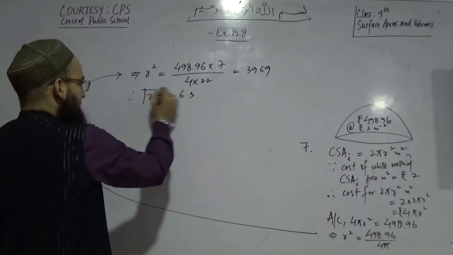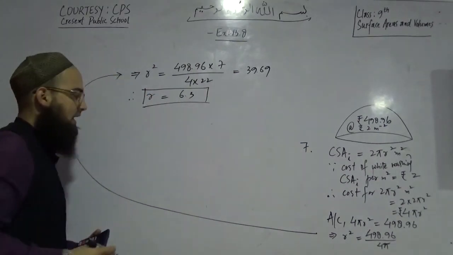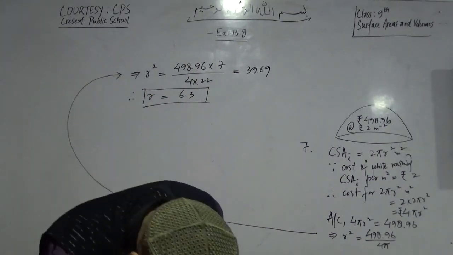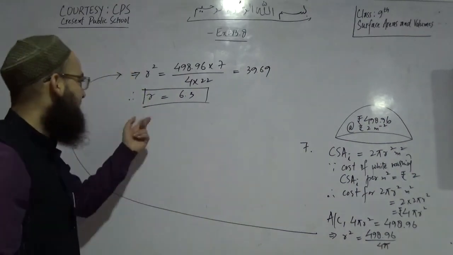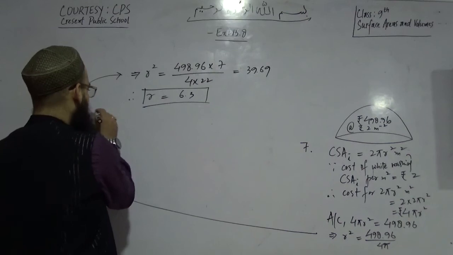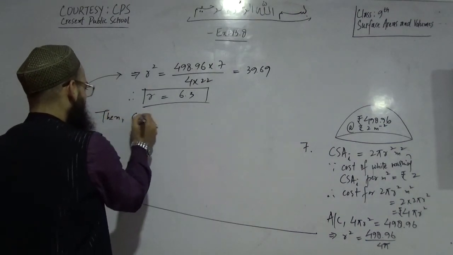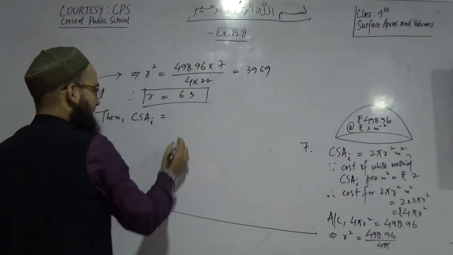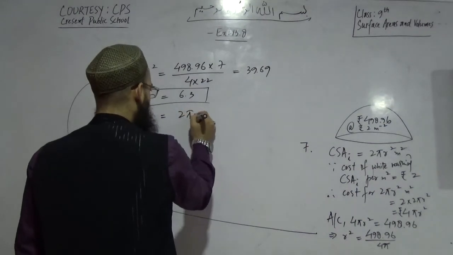So you got the r as 6.3, and we need to find the inner curved surface area. CS inner is equal to 2 pi r square.